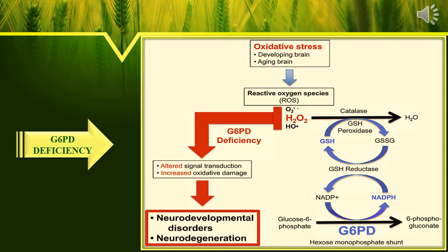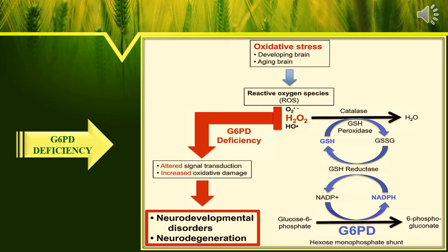What is the major cause of G6PD deficiency? Neurodevelopmental disorders and neurodegeneration due to altered signal transduction and increased oxidative damage.